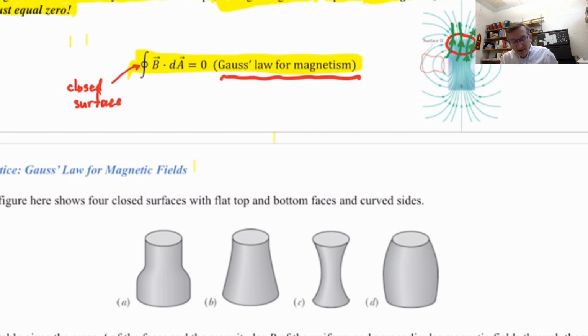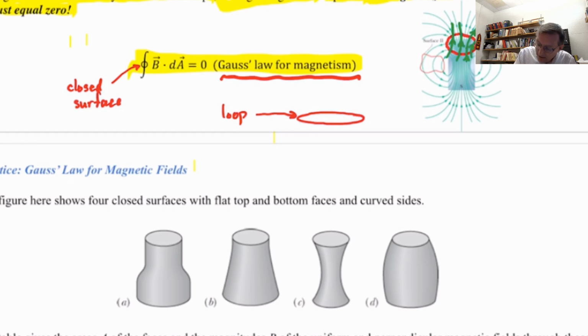Now let me try to be very clear about what this is not talking about. Gauss's law for magnetism is not, emphasize not, talking about the magnetic flux through a loop, the surface of a loop. So for example, let's draw a circular loop seen at an angle. Okay? That's the perimeter of a circular loop.